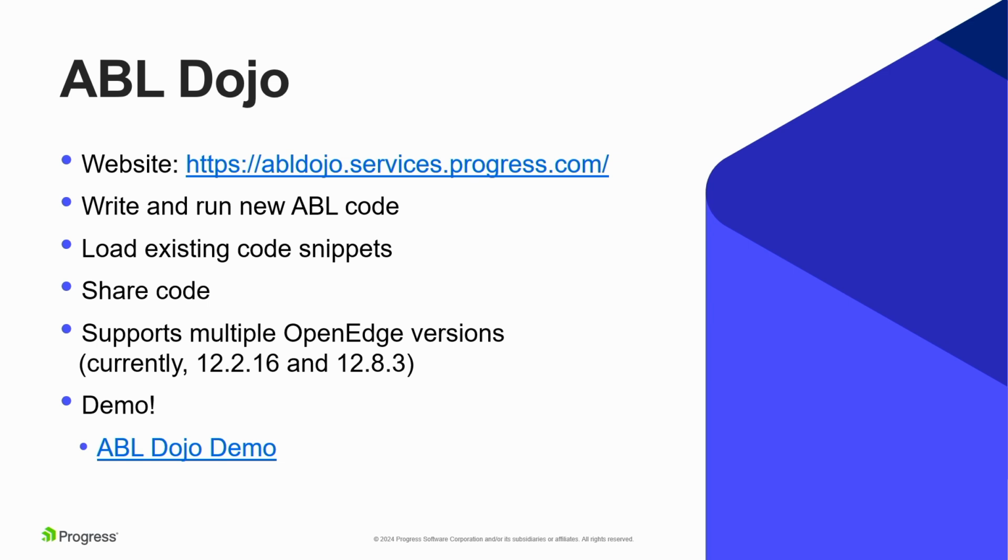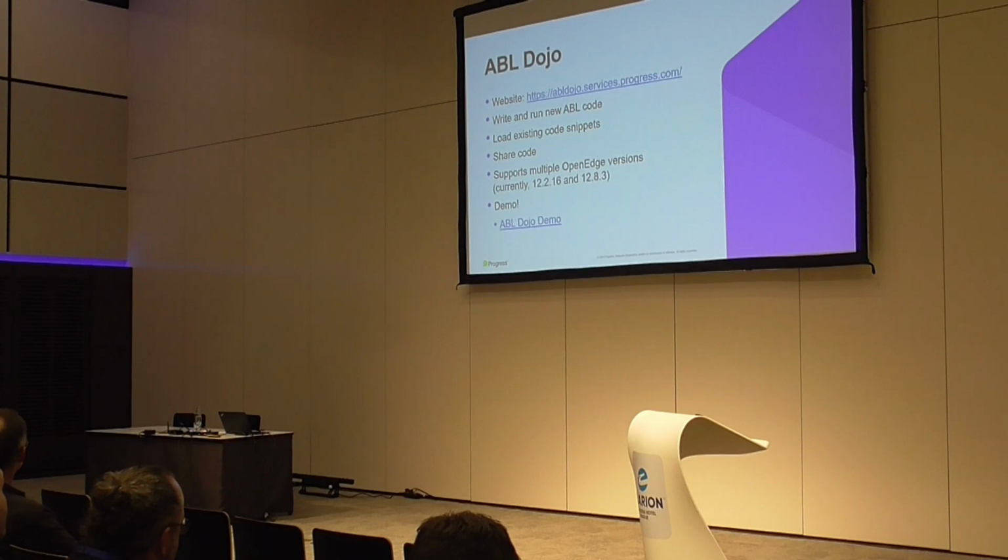You can share code. If you write code within the ABL Dojo, you can share the URL, just like if you share a YouTube video, it just sends the URL. It's cool because it also supports multiple OpenEdge versions. So it supports not only 12.8.3, the latest, actually 12.8.4 is the latest, but it's still on 12.8.3.